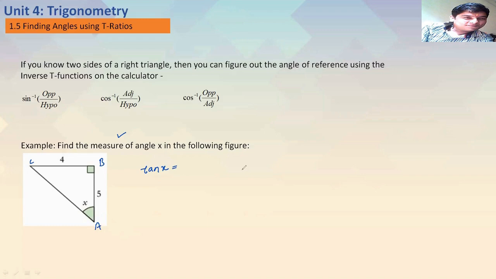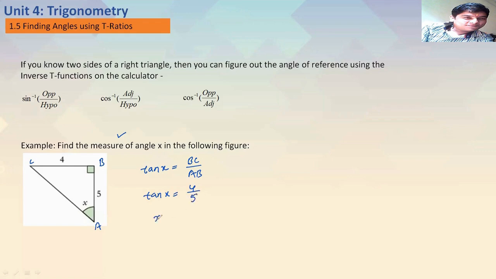Tan of x is equal to 4 over 5, which is BC over AB. Tan x equals 4 over 5.